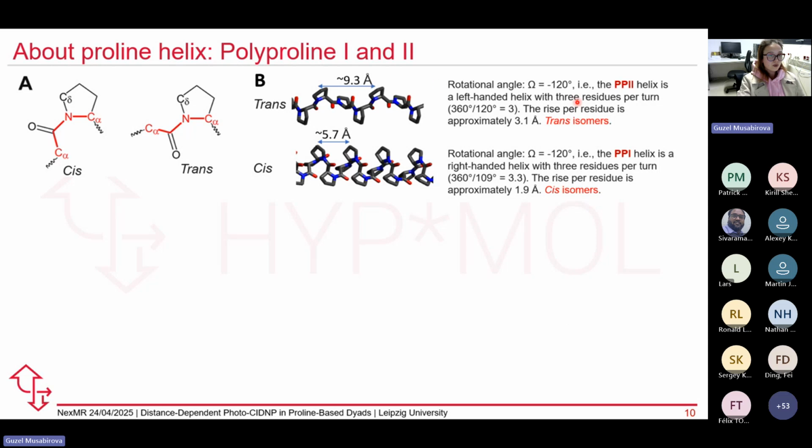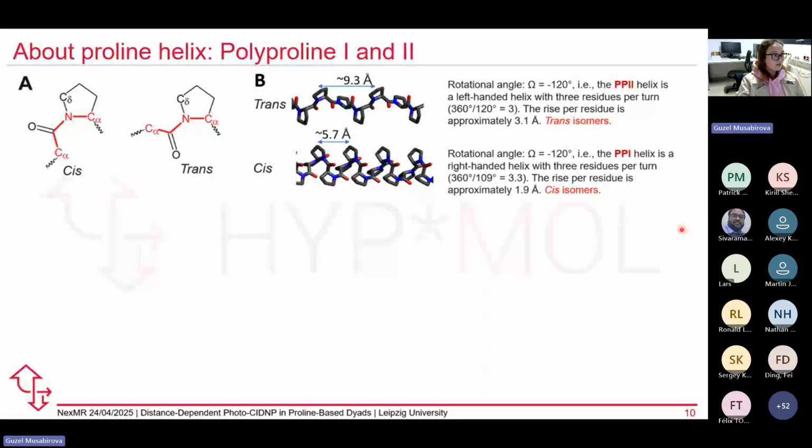In the trans form, we get the polyproline helix 2, which is left-handed and more extended, with about 3.1 angstrom per residue. And in the cis conformation, we get the PP1 helix, which is right-handed and more compact, around 1.9 angstrom per residue. These differences are also clearly visible in circular dichroism spectra. So we can use this spectral signature to identify which type of helix is formed in our dyads.